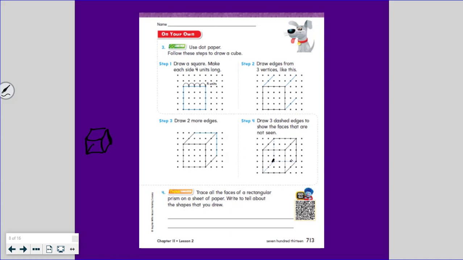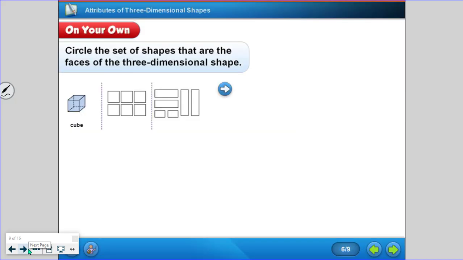And then we're going to connect this vertex, or corner, right here, like that. And then you connect this one, and you can draw a dash line, or you can draw a solid line. You can draw it like that. And now you have a cube. Isn't that cool? Okay, all right, let's continue on.